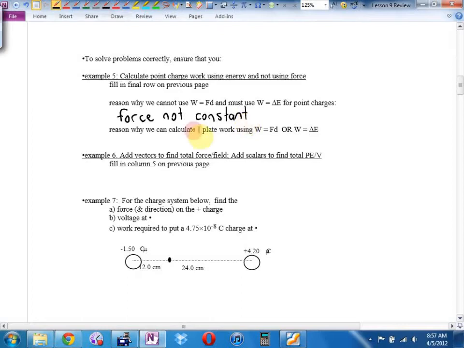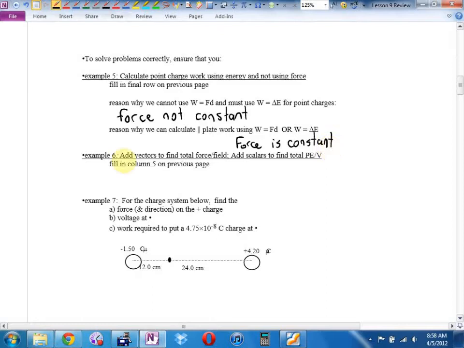Why can we, between parallel plates, use force times distance or change in energy? Well, the force is constant between parallel plates, but I'll be honest, I almost always just fell back on change in energy because it was QV, which was quick anyways. Force times distance, Q times V, you're still multiplying two things together, so I use that most of the time. Jacob, is he going to make it? I don't know.